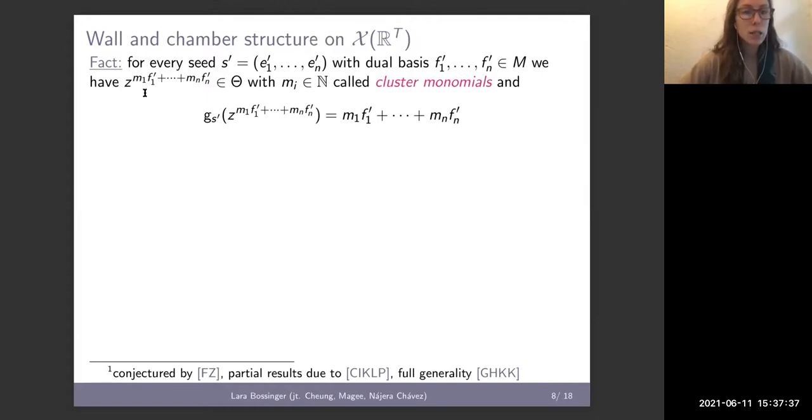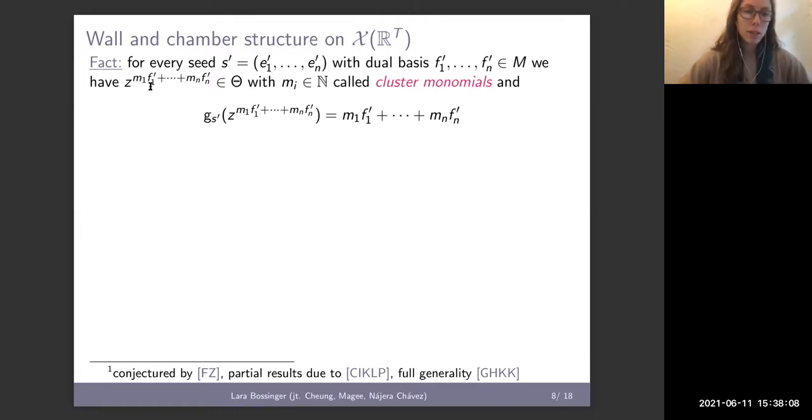Then I can consider any kind of monomial in these coordinates of my seed, corresponding to the seed s'. So what I mean by that is taking a monomial with exponents that are lattice points in M that are positive combinations of my basis. So this is any lattice point inside the positive orthant.